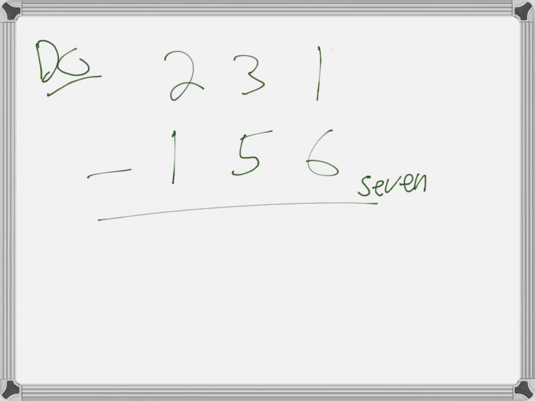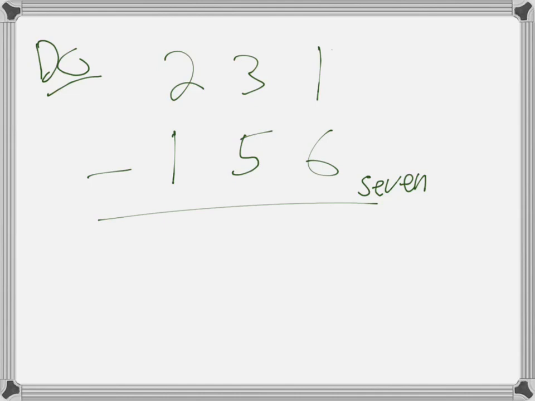Base 7. So try that one in base 7. You do it with a subtraction now, only for the borrowing, for the subtraction. Okay. So remember, when you borrow, you're borrowing 7.